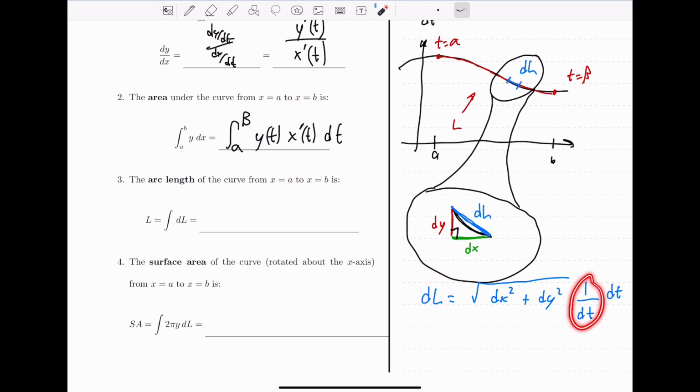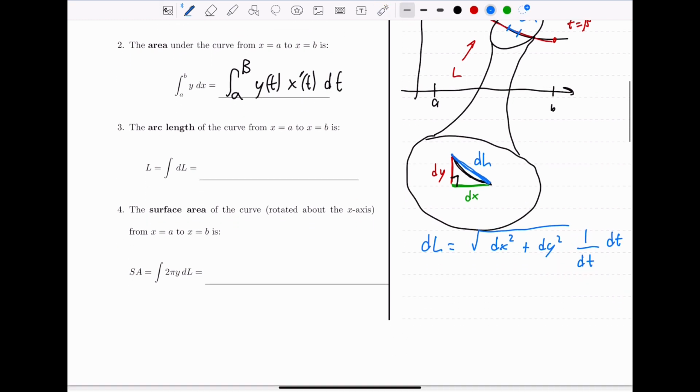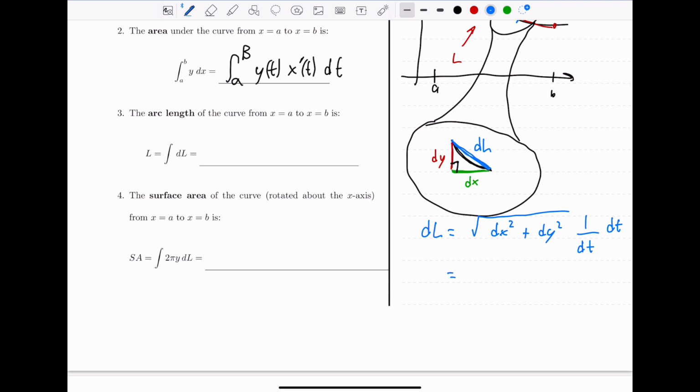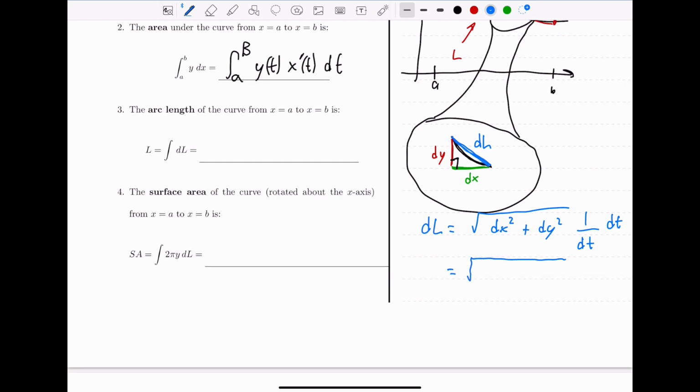We're going to take this 1 over dt and bring it inside the square root. And to bring something inside a square root, we have to square it. So we can write this as the square root of dx squared plus dy squared, all of this times 1 over dt squared, integrating with respect to t.